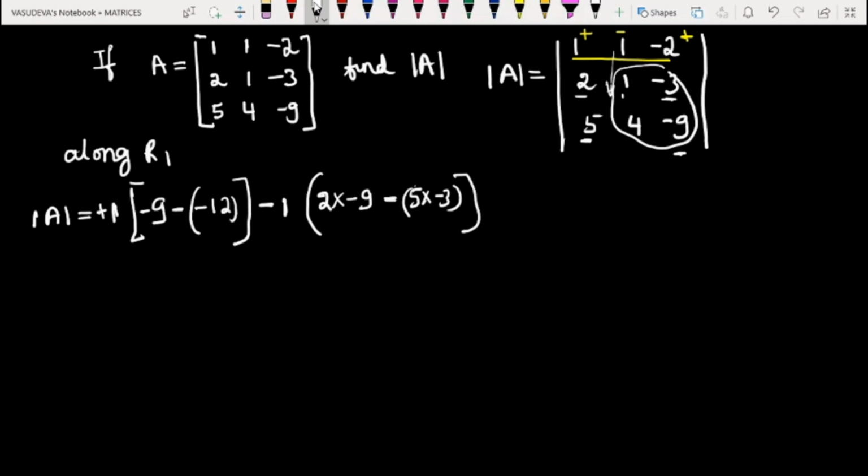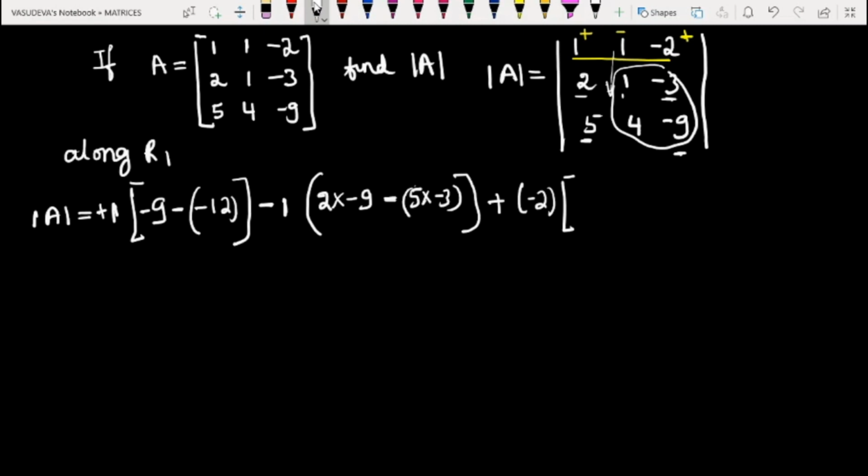Now next, the sign is plus and the element is minus 2, multiplied by the determinant of the matrix obtained by deleting the elements of the first row and third column, because minus 2 lies in the first row and third column.